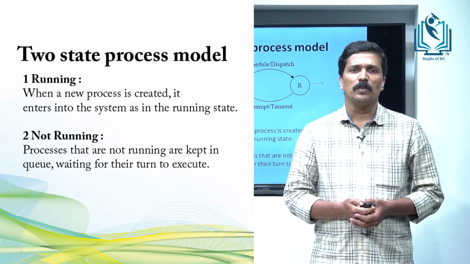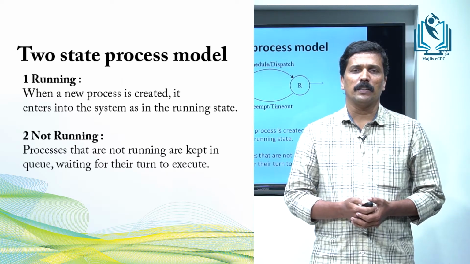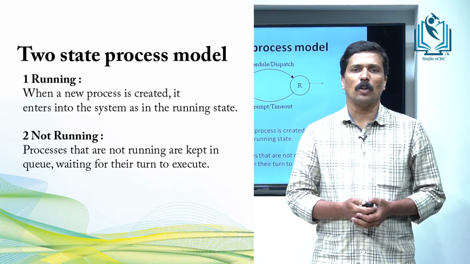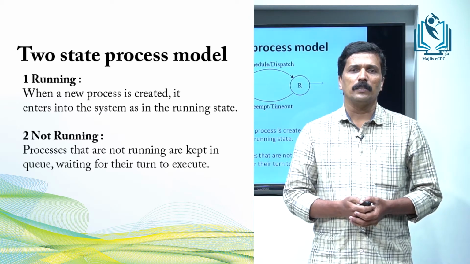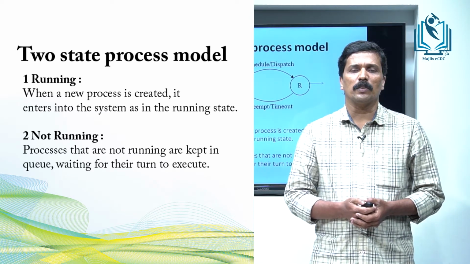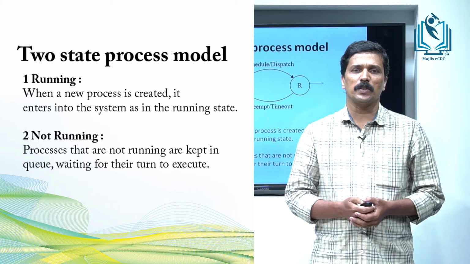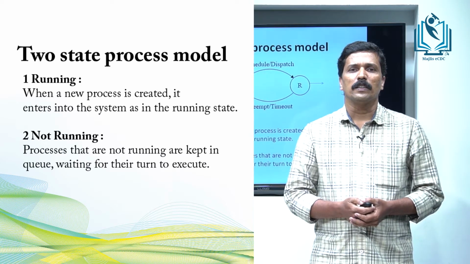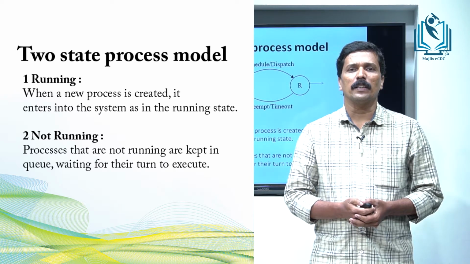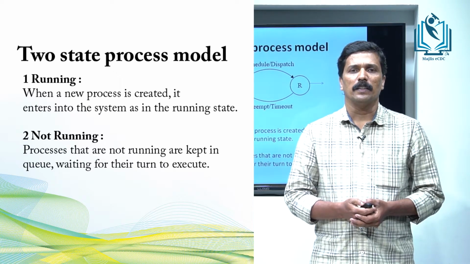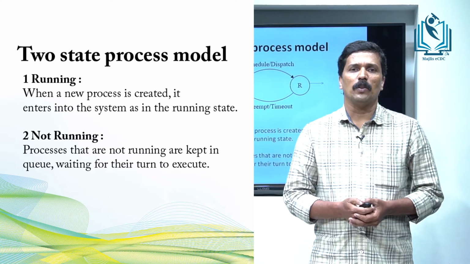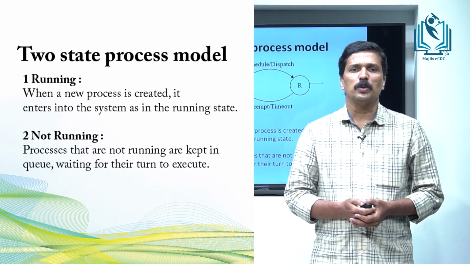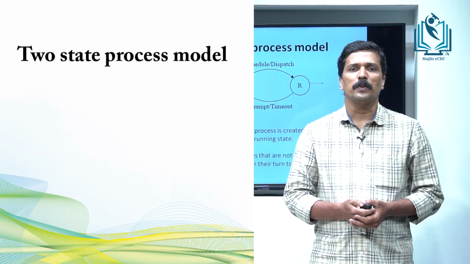If there are no issues during execution, the process terminates normally. If an error or an interrupt occurs during the execution, the state changes from running to not running, and when the event occurs, it moves from not running to running state.